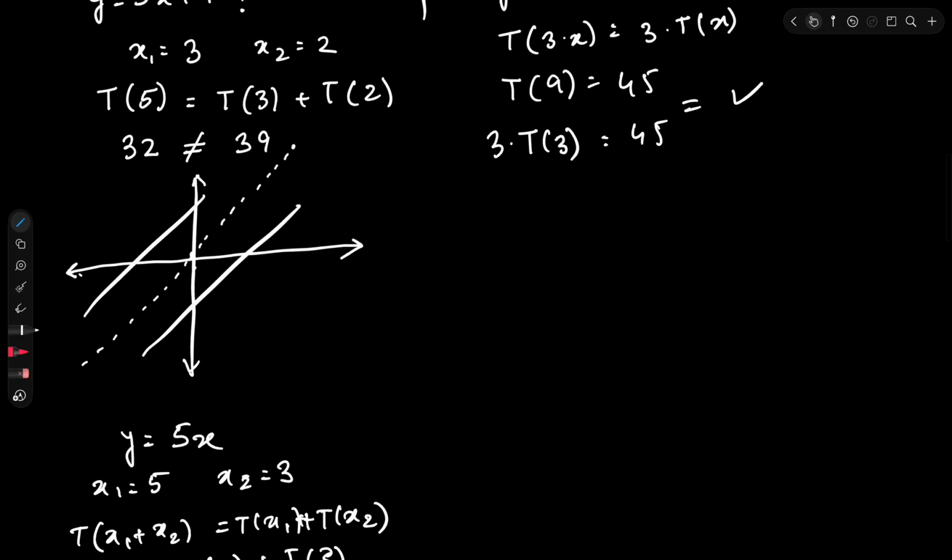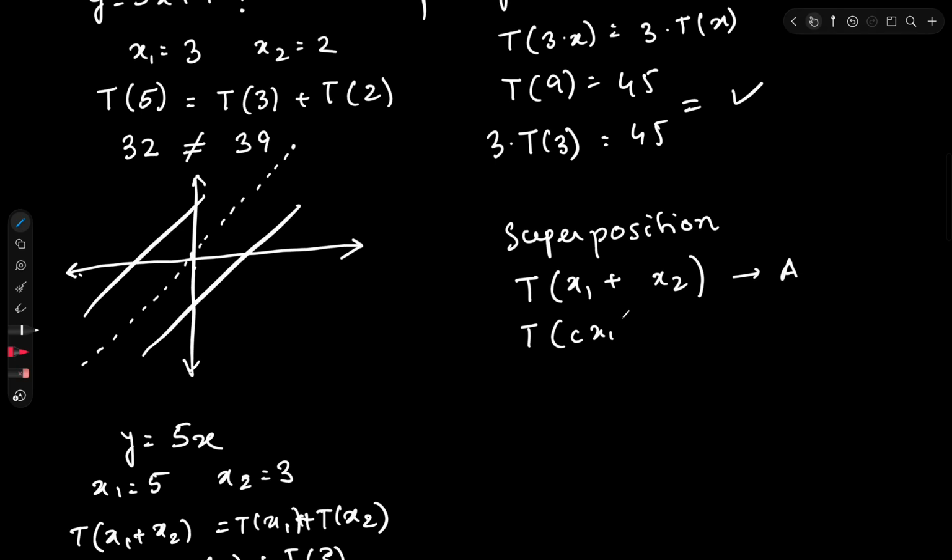So what we can tell by the superposition principle is that it combines these two properties together. We get T of (x1 plus x2) equals T of x1 plus T of x2, this is the first property, additivity, and we have another, T of (c x1) equals c into T of x1.